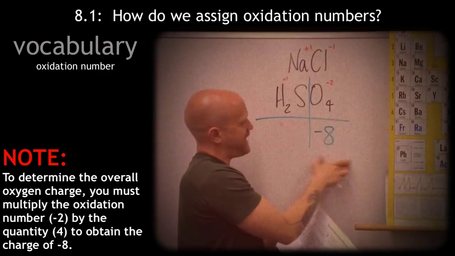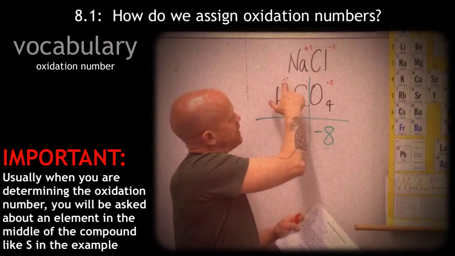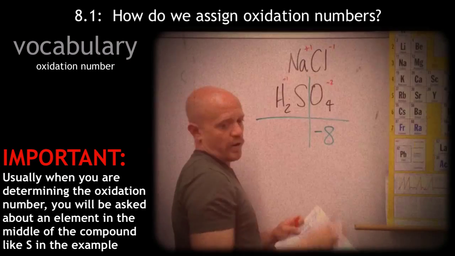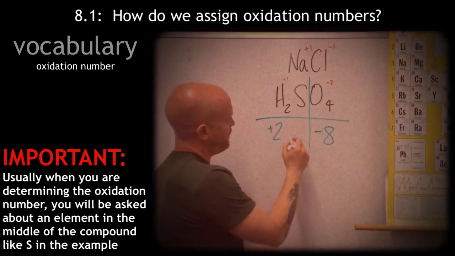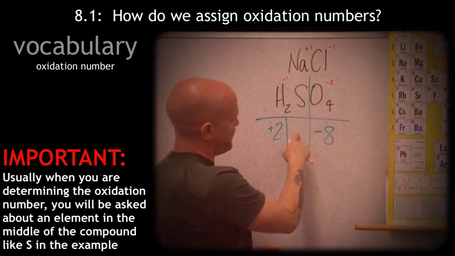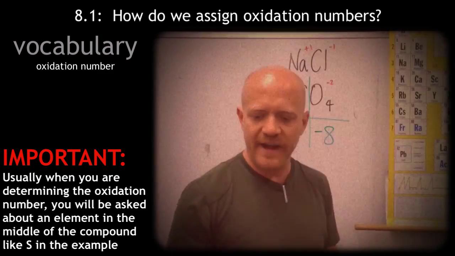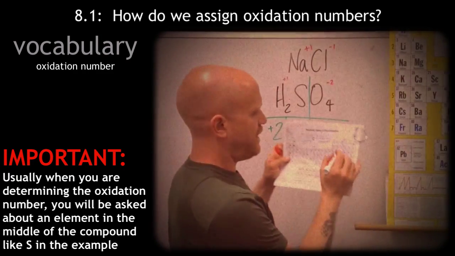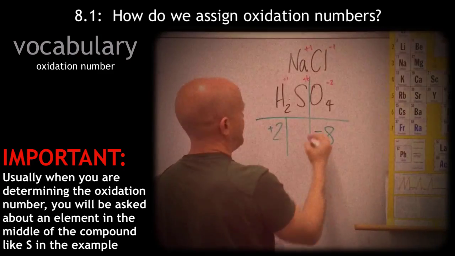We want to equal these out. So this is going to be +8, this is going to be -8. So if this is +1, the overall charge is going to be plus 2, which means this number here needs to be plus 6. Does sulfur have plus 6? We look on the oxidation state table, and sulfur is plus 6.